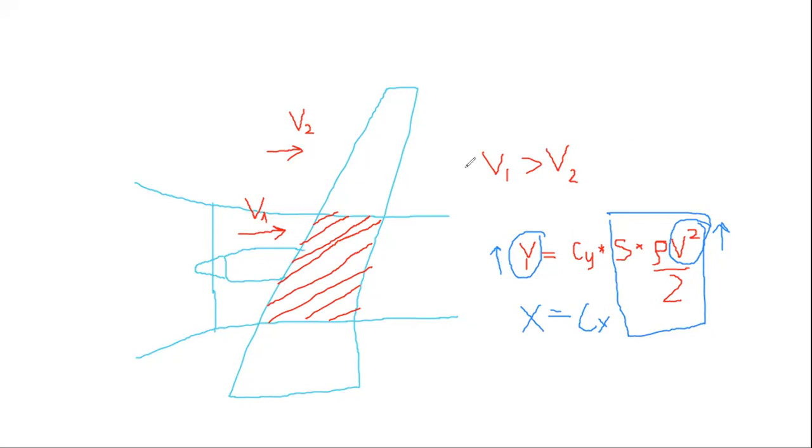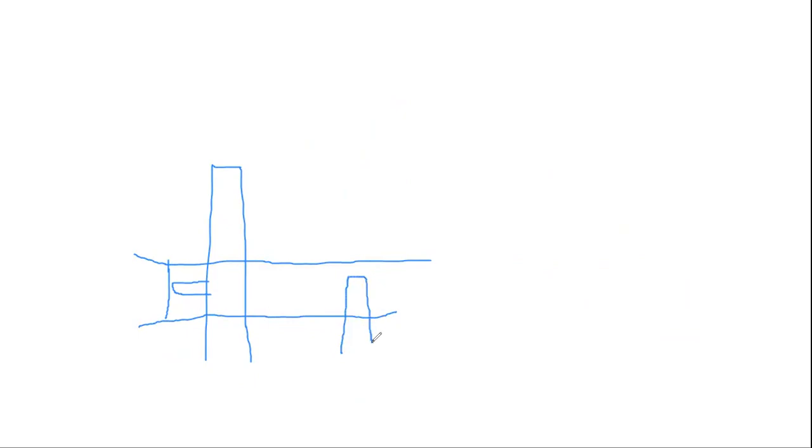And there is another issue. Let me clear this picture. For example, a typical turboprop aircraft, and the speed of air in this tube is increased, but we also have a tail. Yes, the tail surface.